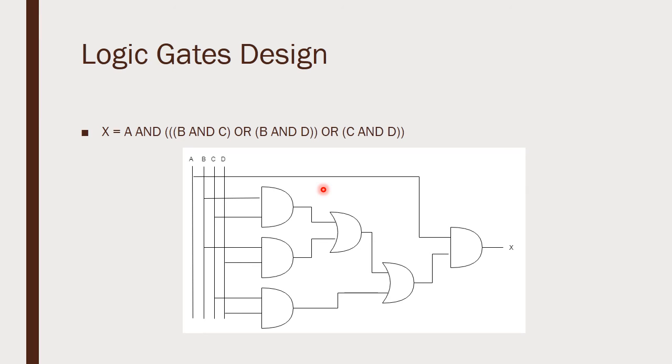So technically, just remember: read the question carefully. For your level it will not be that complicated. From the question, identify the conditions, assign alphabets to them, create the logical expression, and lastly, from the logical expression, generate the logic gate design.